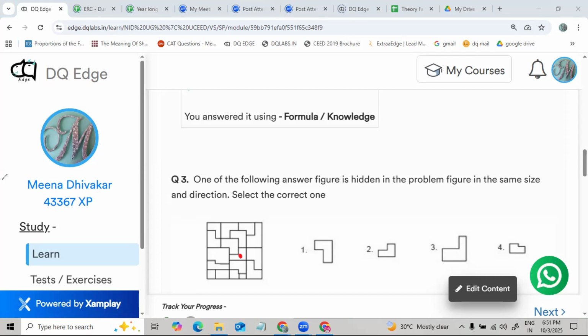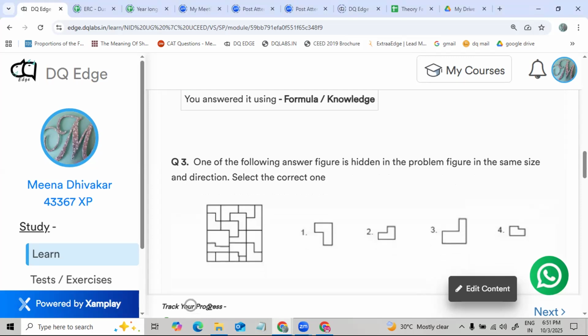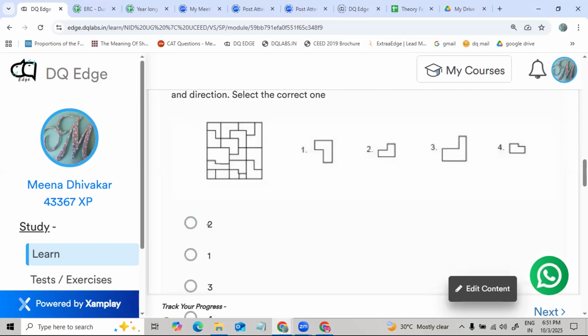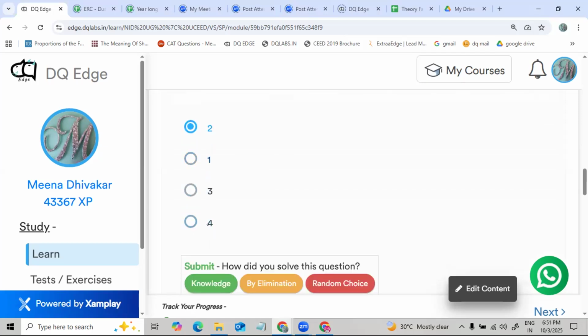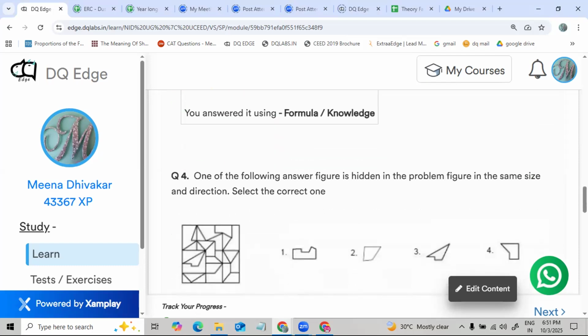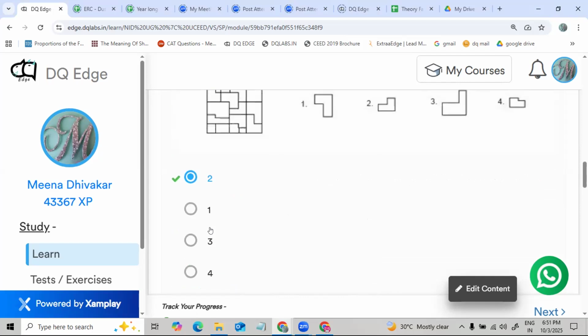Coming to this 1 and 2. How many of you say 1 is the correct answer? How many of you say 2? Yes, 2 is correct. I'll tell you why not 1.